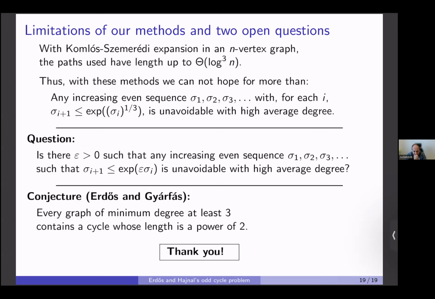I see. So you're saying that sigma to the power 1 is the best you can hold. Definitely that. But maybe you're right that epsilon as a function could even go to 0 as the average degree gets big.